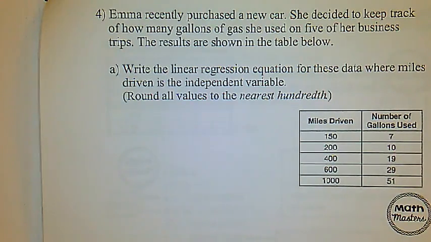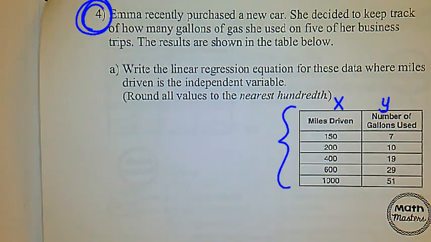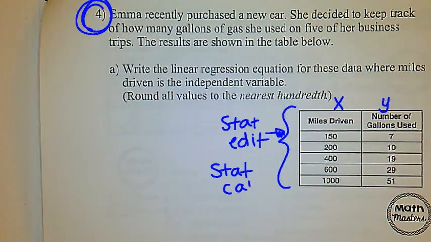That's just after you find the linear regression, you actually have to use it. So we'll talk about that tomorrow. But I would like you to do number 4, because this is almost identical. So again, this is going to be x, this will be y. You're going to put this into your stat, edit, okay, enter all this, and then you're going to do stat, calc, lin reg, y equals ax plus b.